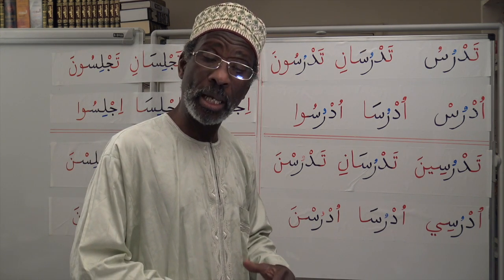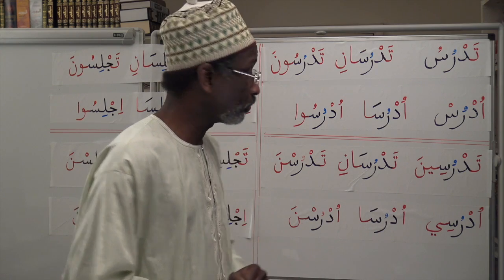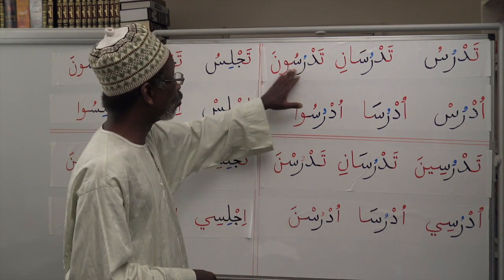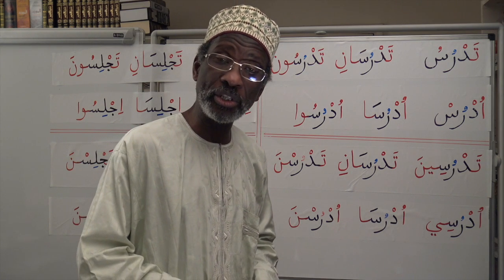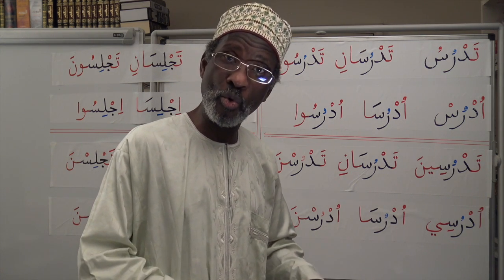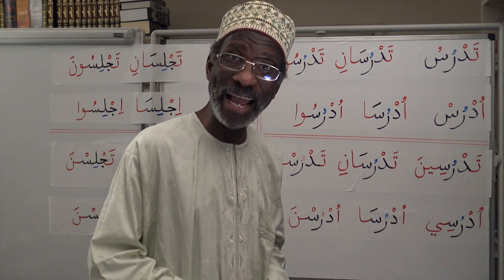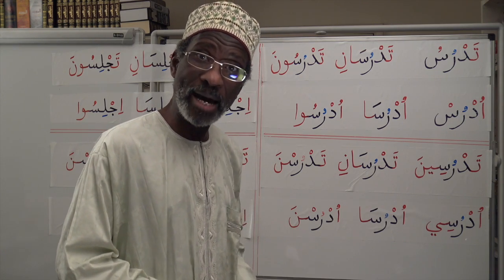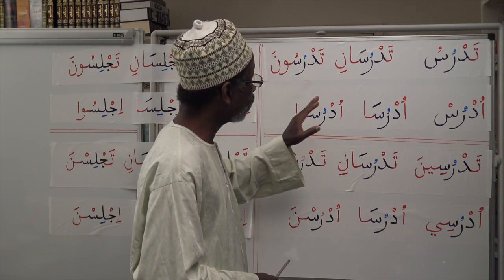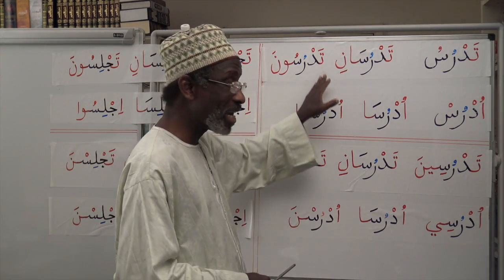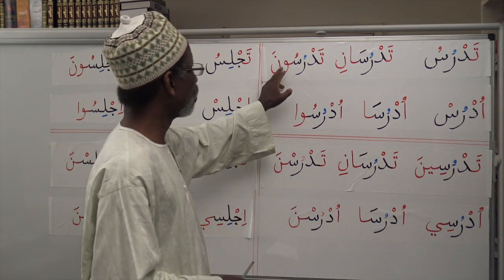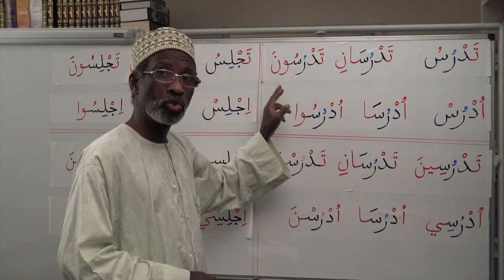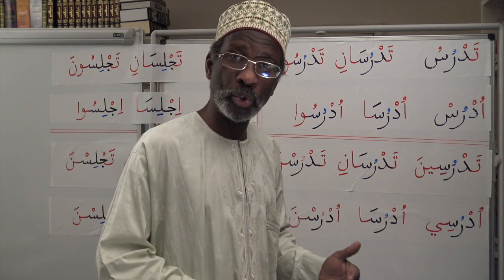Let's now move to the plural. The plural, tadrusuna, when you are speaking to a group of men, a group of boys, you say tadrusuna, you are studying, that's your present tense. In the imperative, just as we removed the noon from tadrusani, and from ina, again you remove this noon. Tadrusuna becomes udrusu.